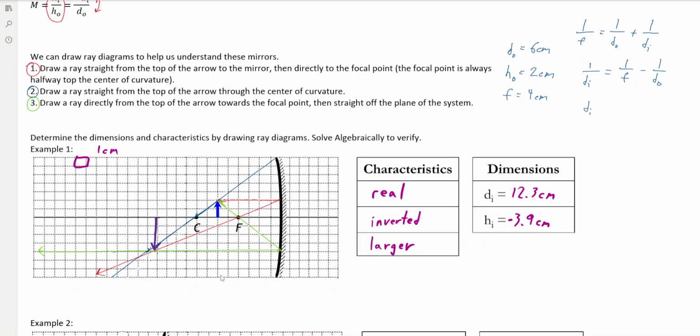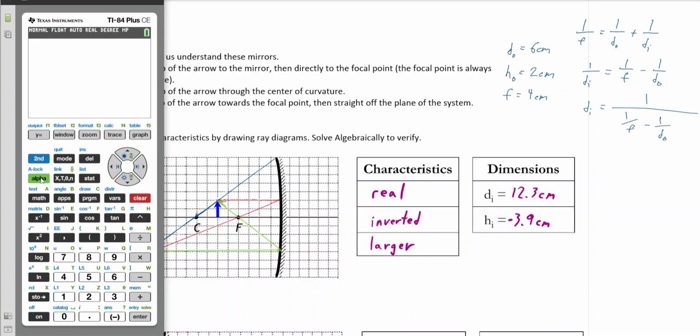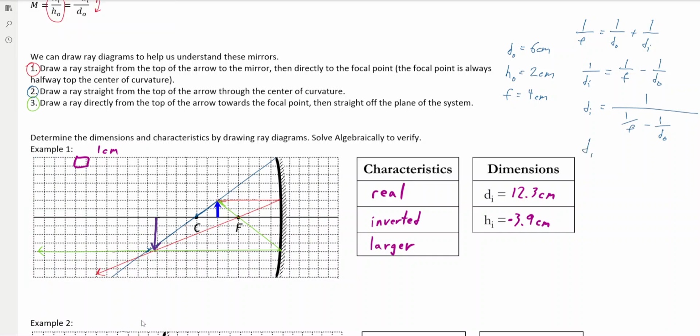So it's DI equals 1 over that, and when I say flip everything, I mean take 1 over everything, which will result in this weird formula. We're going to go ahead and plug this in. So 1 over, and then another fraction, 1 over F, which is 4, minus 1 over DO, which is 6. And so we get a result of DI equaling 12 centimeters.